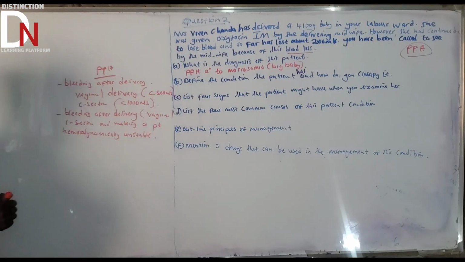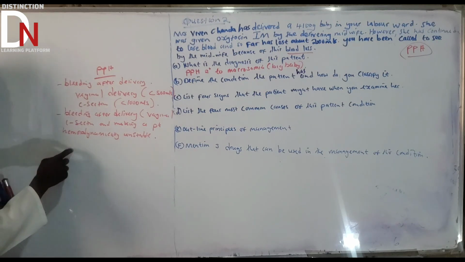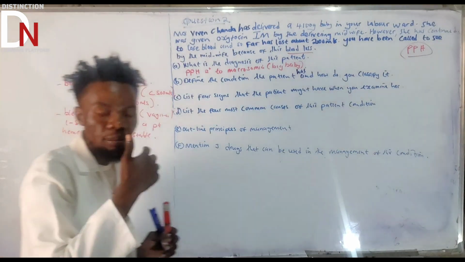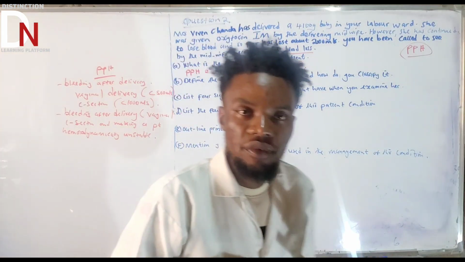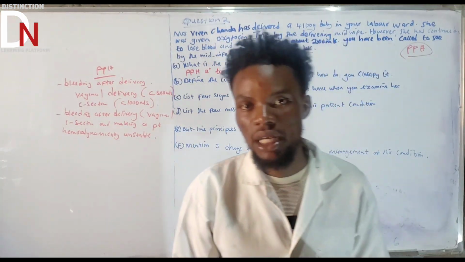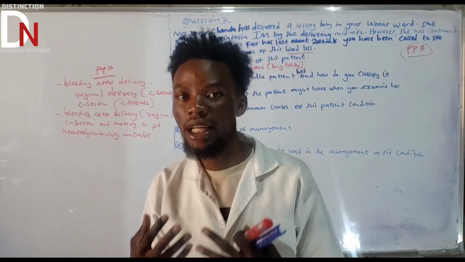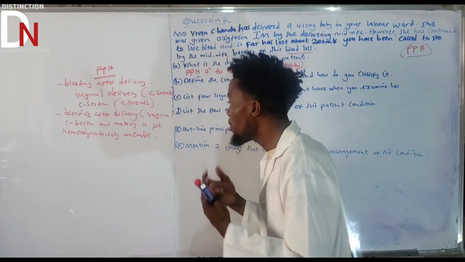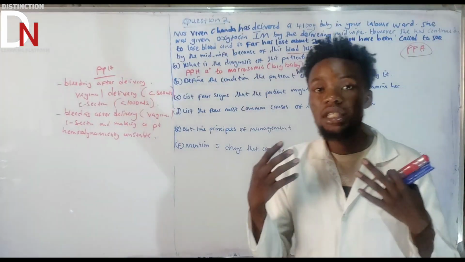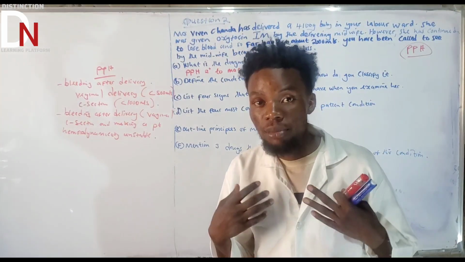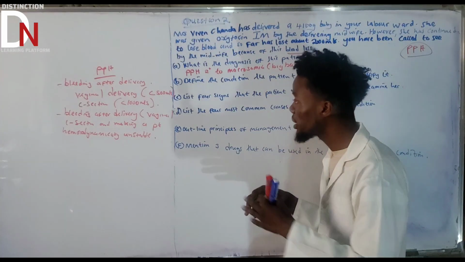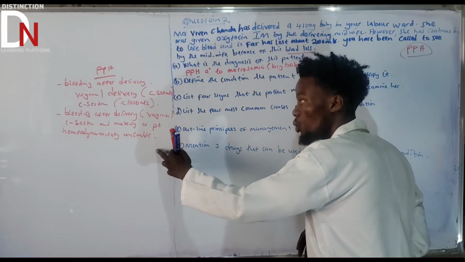This is also a very important definition. So someone is bleeding after they deliver either vaginally or after C-section, but they are hemodynamically unstable, basically they are having symptoms of blood loss or hemorrhagic shock. So basically that is the second definition that you need to understand.